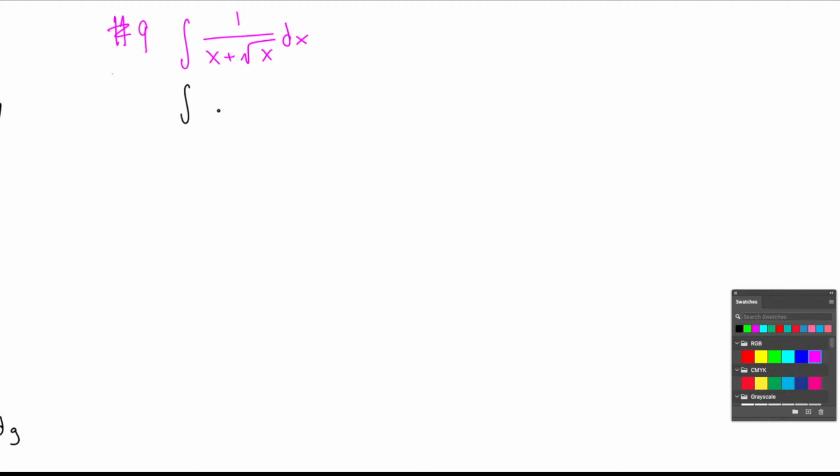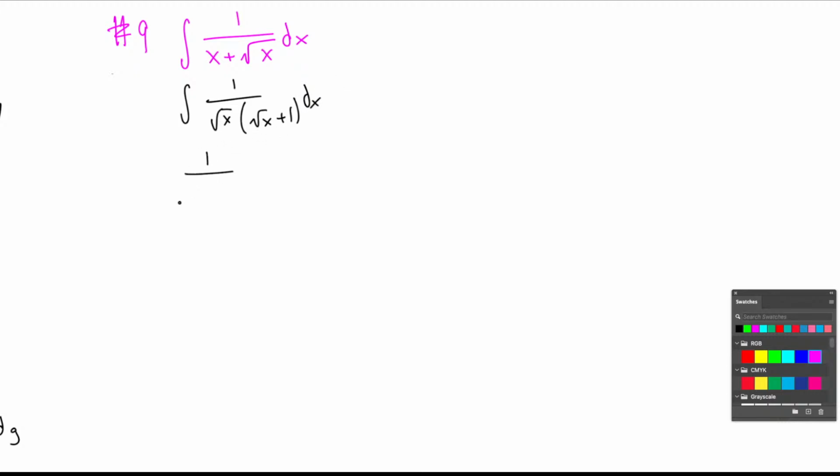So, by taking a root x out of this, one is able to get root x times root x plus 1 dx. Now we do partial fractions.